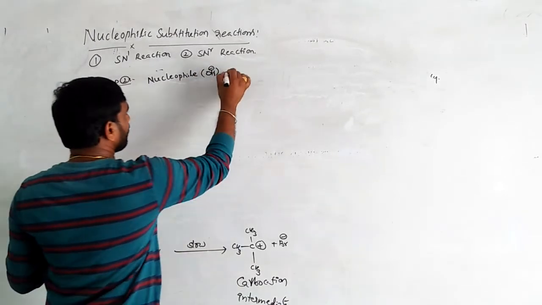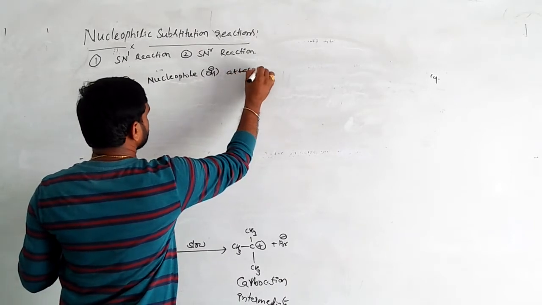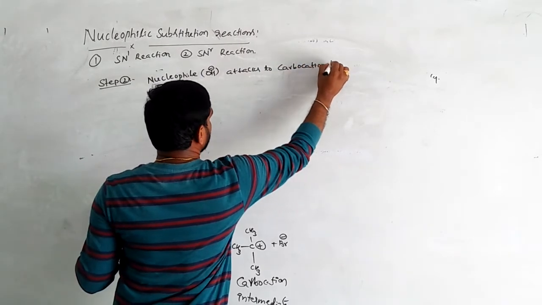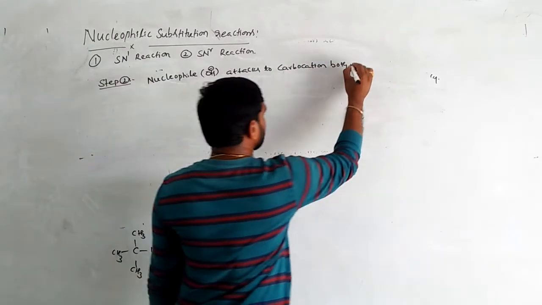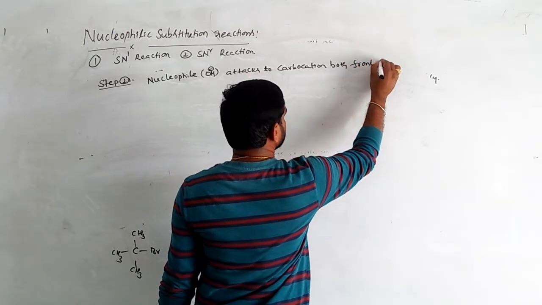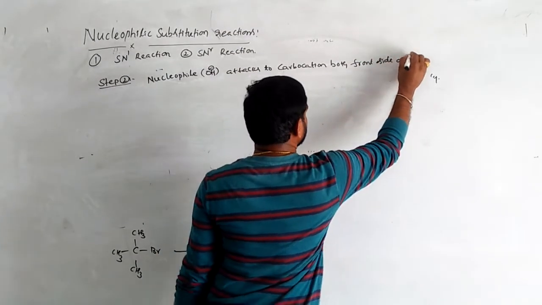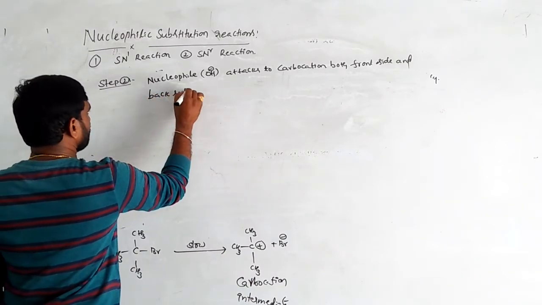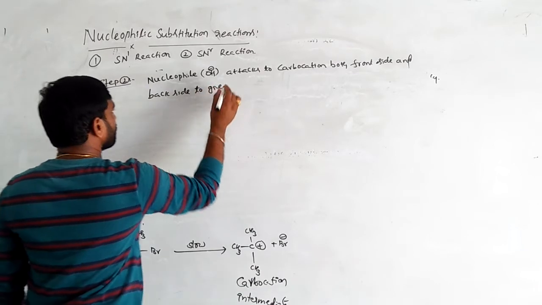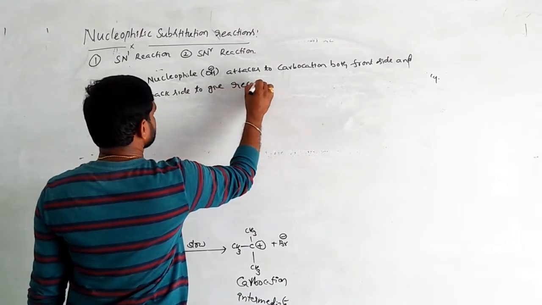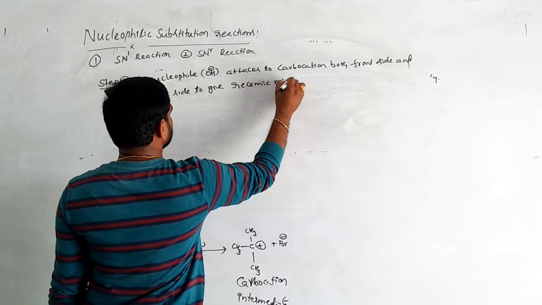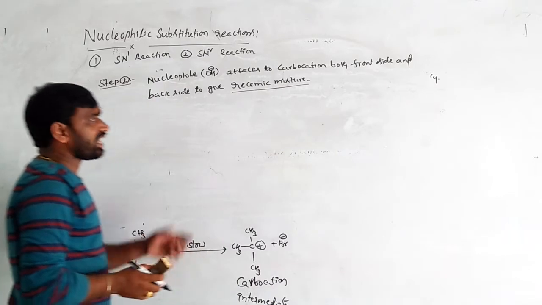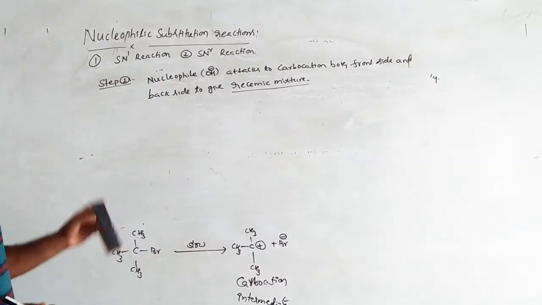The nucleophile attaches to the carbocation from both the front side and the back side to give a racemic mixture. Racemic mixture means retention and inversion configuration together.